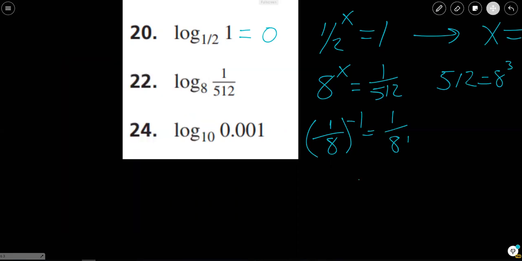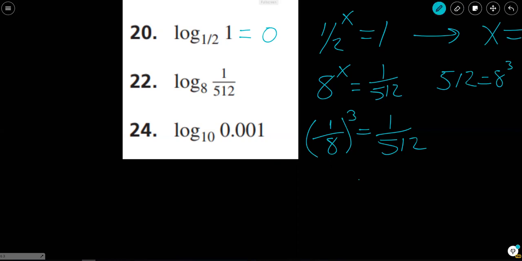That means I can rewrite this. I can say 1/8 to the 3rd power is equal to 1 over 512.